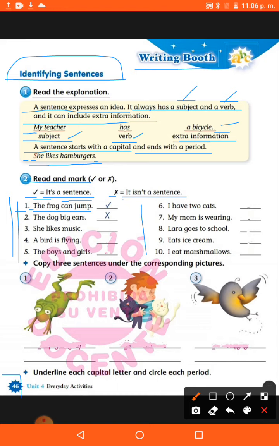Now let's read the second sample. The dog, big ears. The dog is the subject, but here we don't have a verb, and if we don't have a verb, we don't have a sentence.